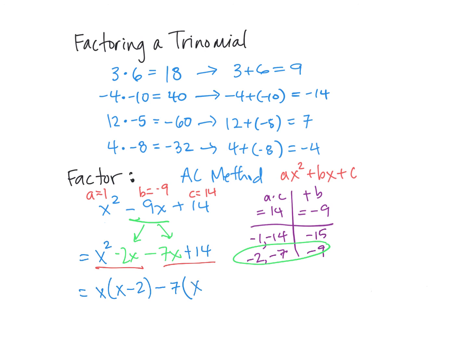But positive 14 divided by -7 is a -2. Do they match up? They do indeed. So x minus 2 is a GCF. Open up a new set of parentheses. What's left behind? The other x minus that 7.